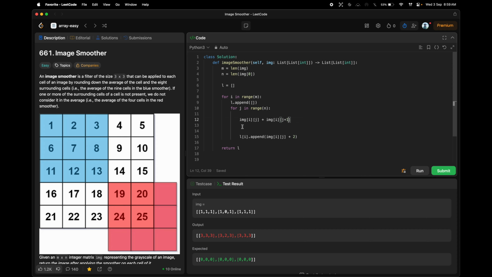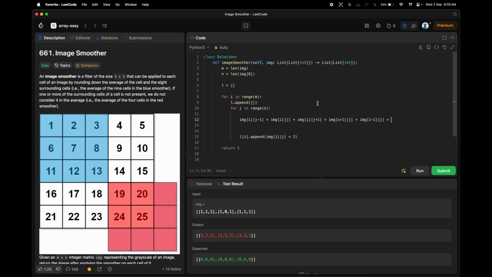Right side. j minus 1 would be the left side. Okay, i plus 1 would be top. i minus 1 would be bottom.